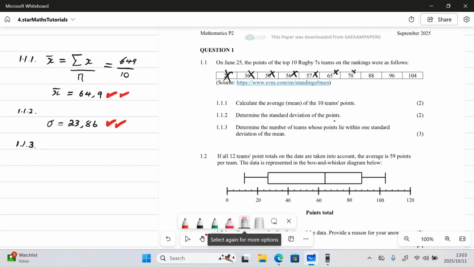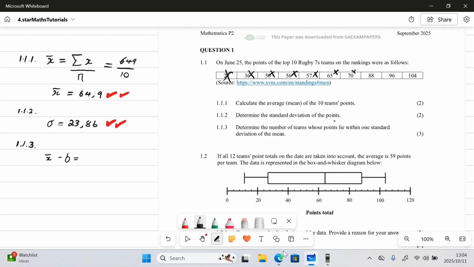Then question 1.1.3 says determine the number of teams whose points lie within one standard deviation of the mean. So we need to find the interval. To find the interval, we need x bar minus the standard deviation.